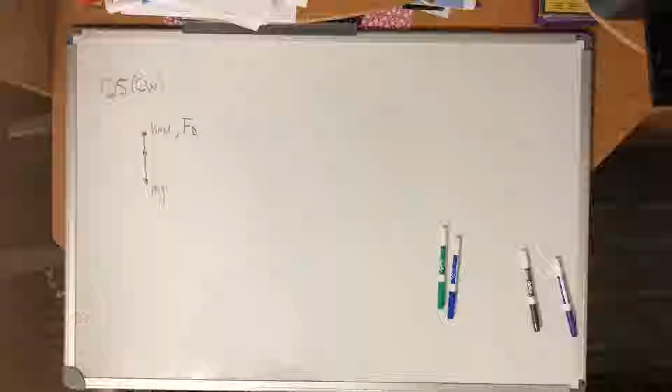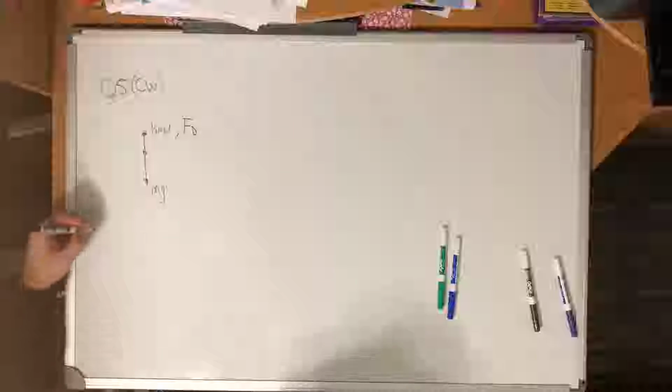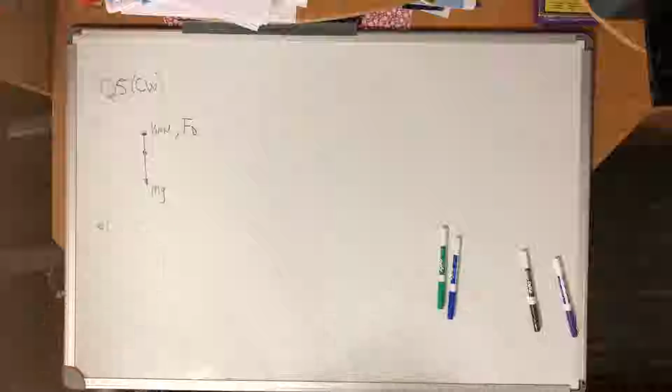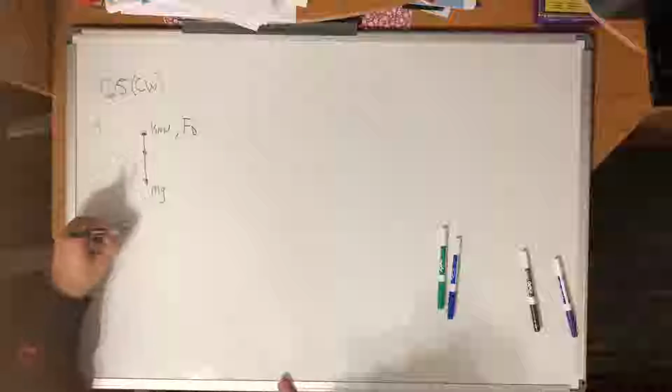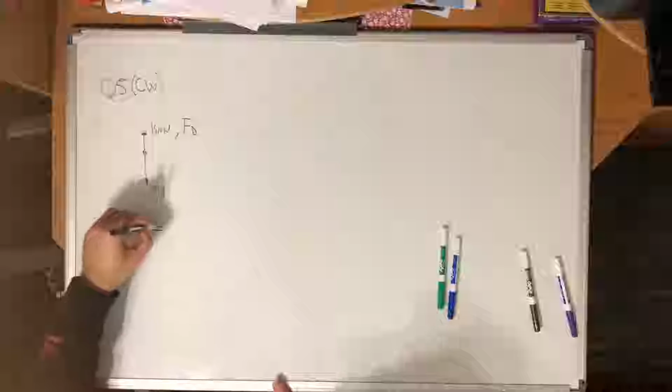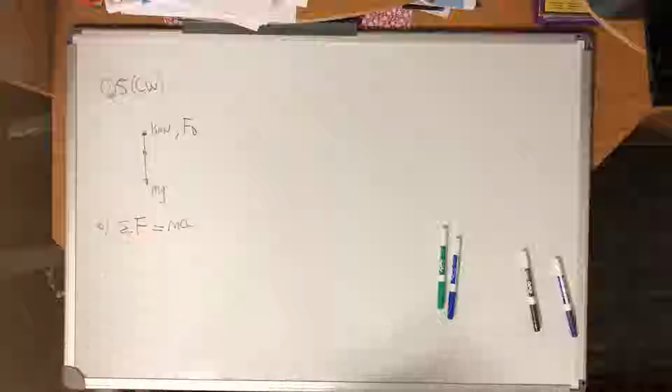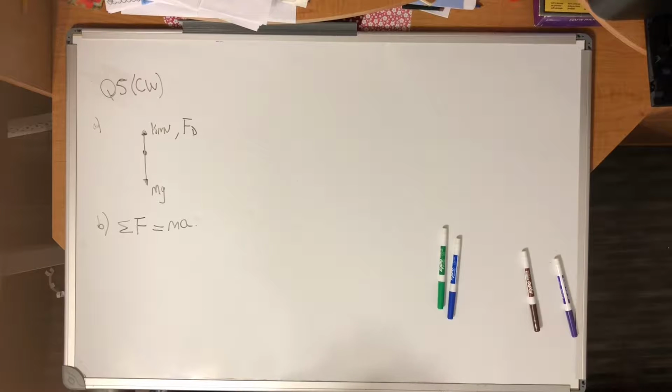And in part B, what did they ask for? Write the differential equation that represents Newton's second law for this situation. So again, all you have to do is write down Newton's second law. So all of the forces equals mass times acceleration. So what are the forces acting on the object?